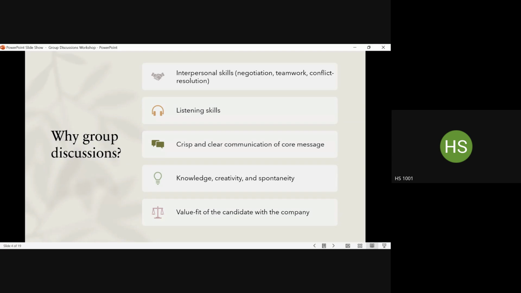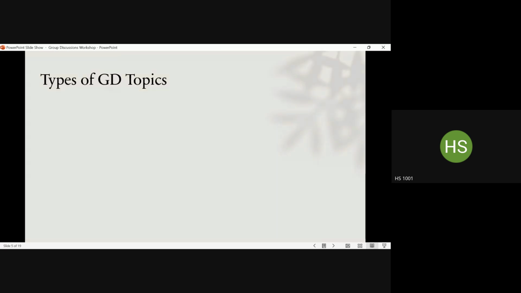Group discussion is that kind of exercise or platform where, if you are not fit for something, that will be plainly visible because all your weaknesses are going to be out there for everyone to see. So it'll be very clear for somebody to see whether you're going to fit into a team or not. That is why a group discussion is a valuable hiring tool.